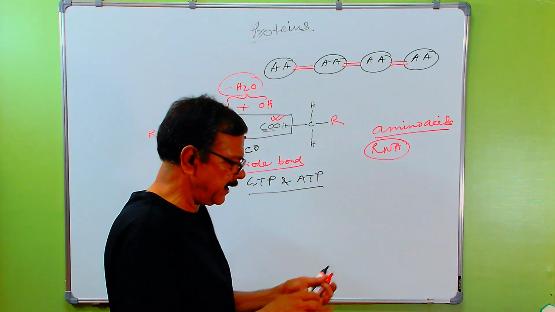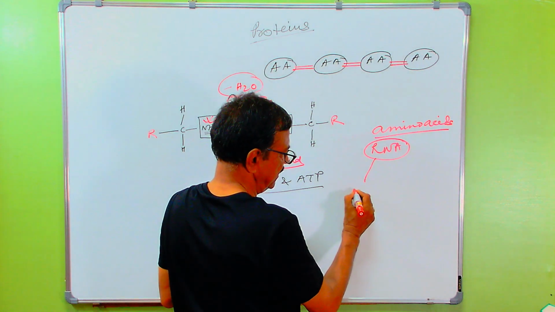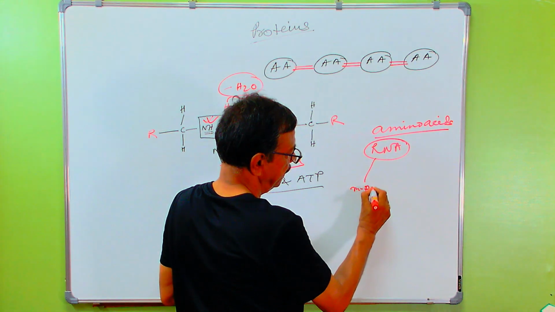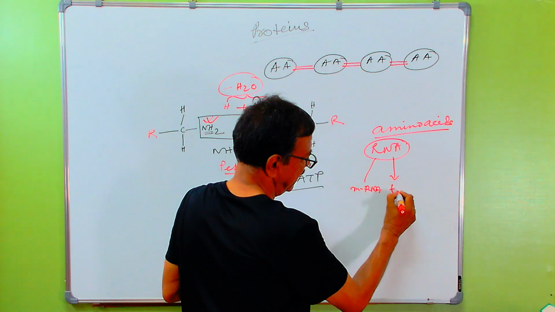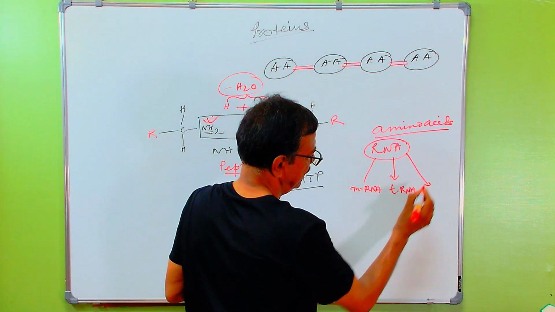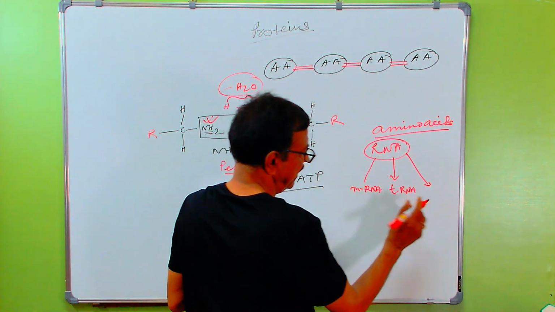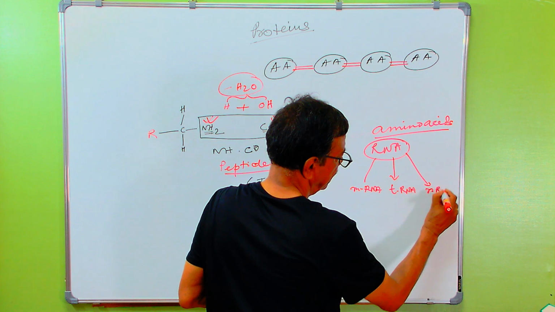There are 3 types of RNA. We will go into the detail of all these things. One is mRNA, one is tRNA, and another is rRNA: messenger RNA, transfer RNA, and ribosomal RNA.